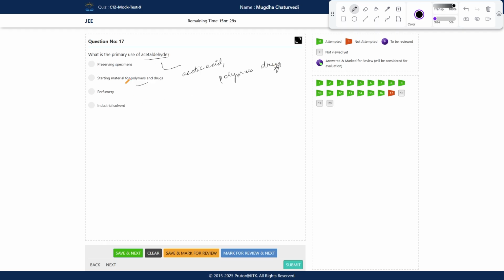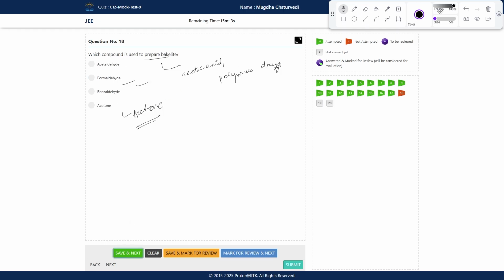The correct option will be starting material for polymers and drugs. For perfumery we use benzaldehyde, for preserving specimens we use formaldehyde, and for industrial solvents we use acetone. So the correct option for this question will be B1.